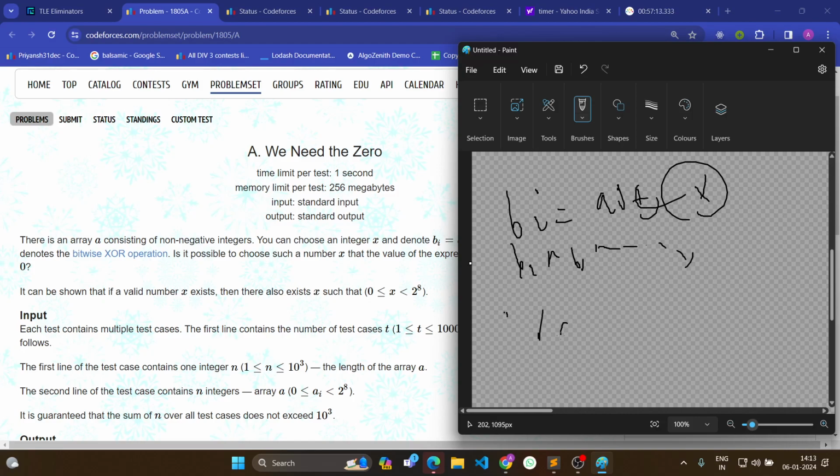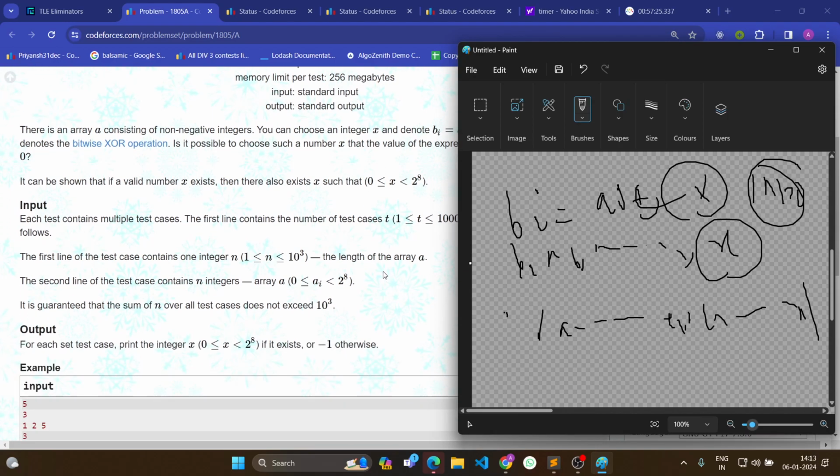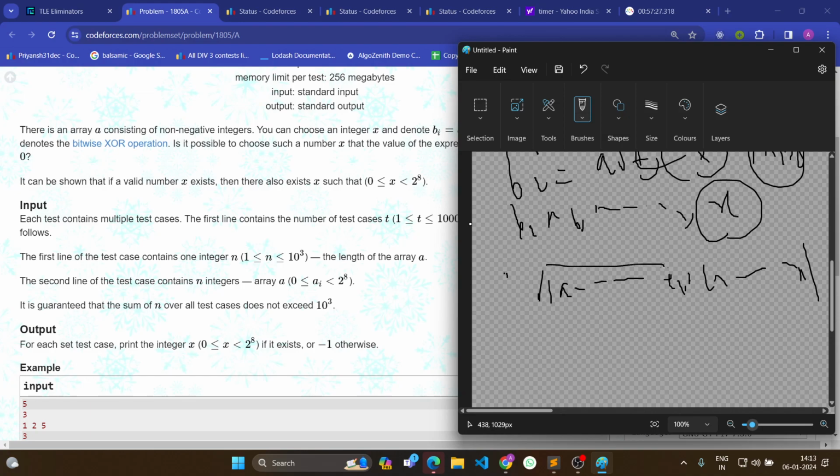So this becomes a1 XOR a2 XOR a5 XOR x XOR x, which is x only. 1 XOR 1 is 0. Anyways, the answer I think should be this XOR x. That would evaluate to 0.